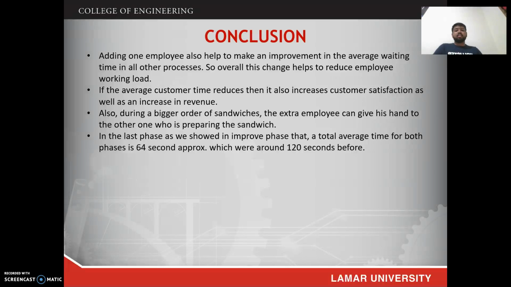So in the end, the conclusion: adding one more employee also helped to make an improvement in the average waiting time in all other processes. Overall, this helped to reduce the employee workload also. As I told you earlier, in the United States, reducing employee workload is a very great thing.